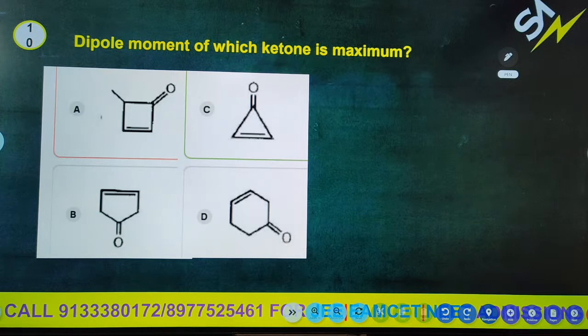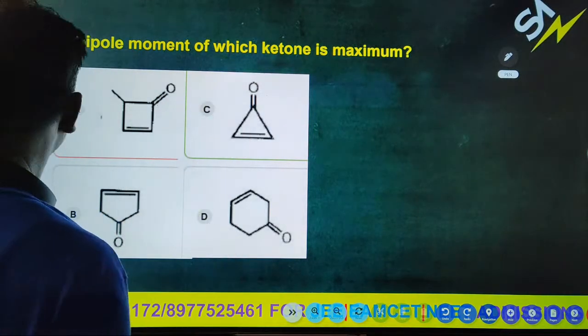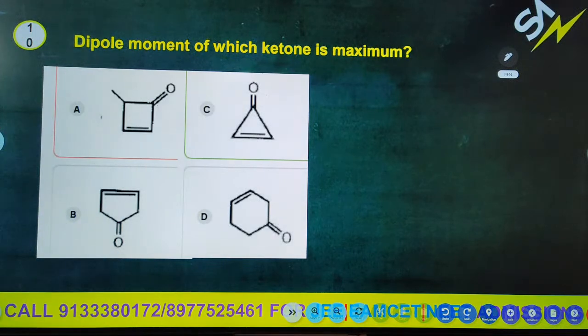The dipole moment of which ketone is maximum? Here we have all ketones, because every molecule contains the ketone functional group. A contains the ketone functional group, B also is a ketone. All contain ketone functional groups.